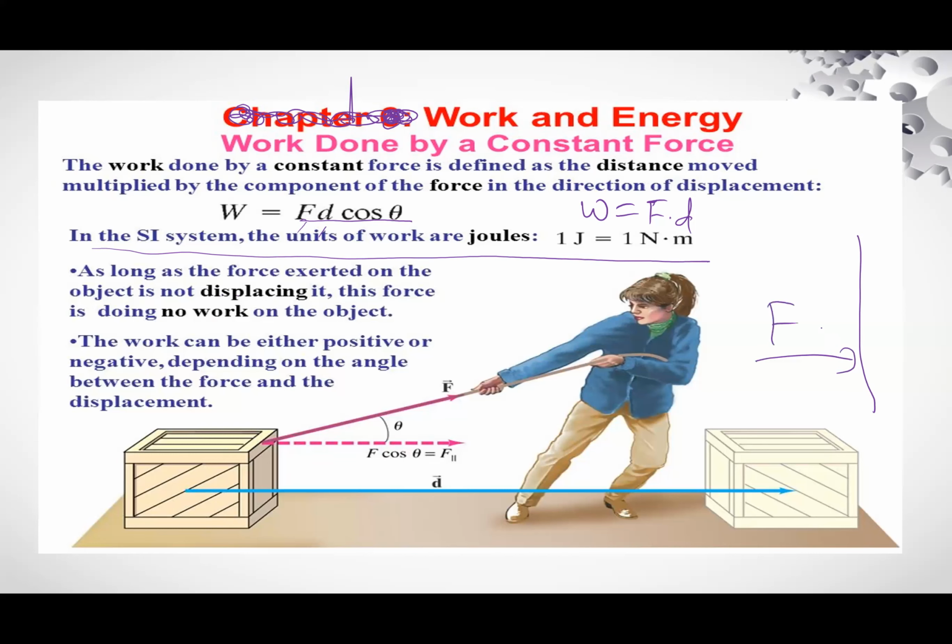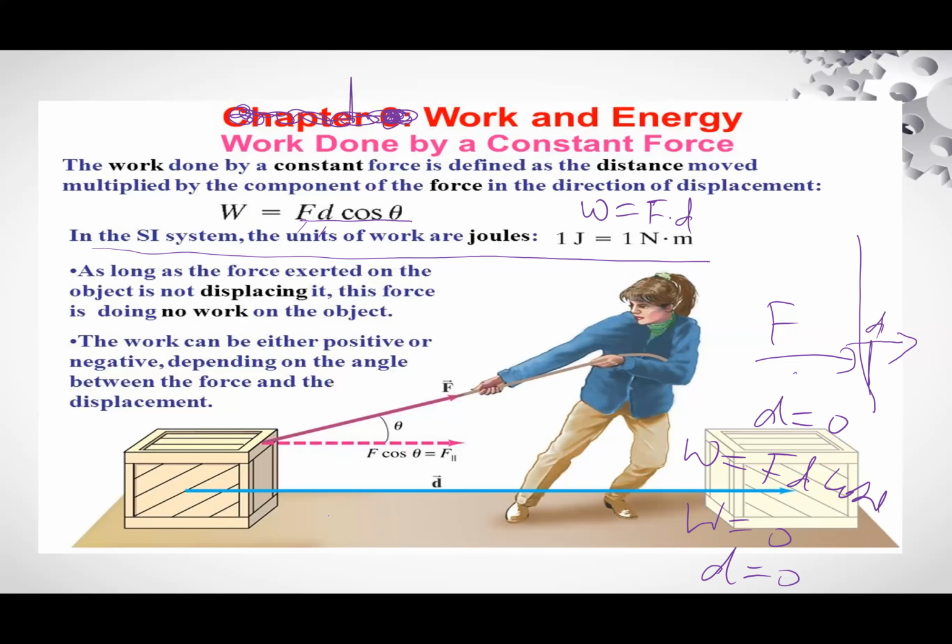Force is acting, pushing the wall in this direction, but in this case displacement is 0, so work done is equal to F D cos theta, which is 0 only because displacement is not produced. So if force is applied and no displacement is produced, work done will be 0.